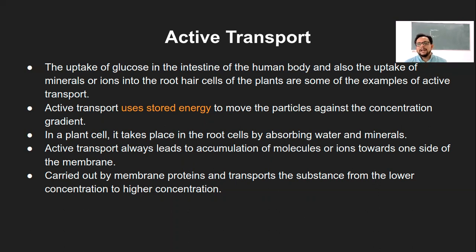So there it will utilize energy, and the glucose molecules from the intestine will be taken up into the blood by this active transport process. So that way this example functions, and it leads to the process of active transport.